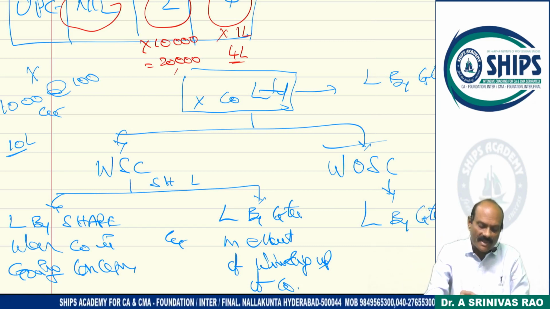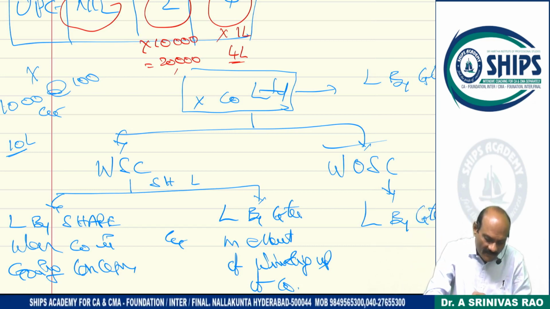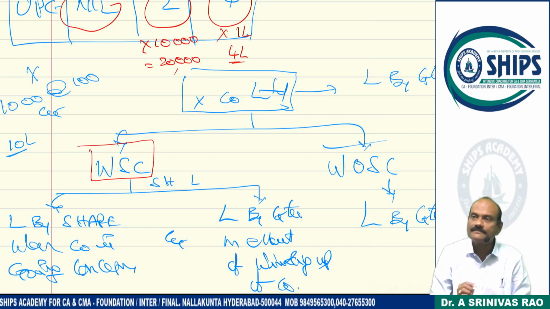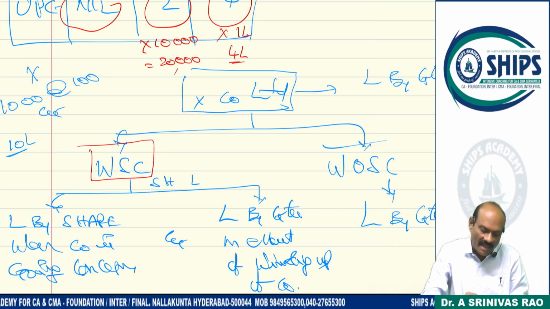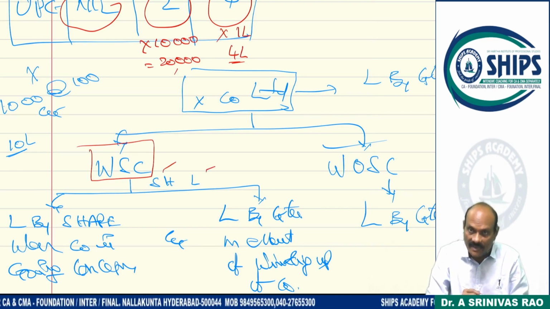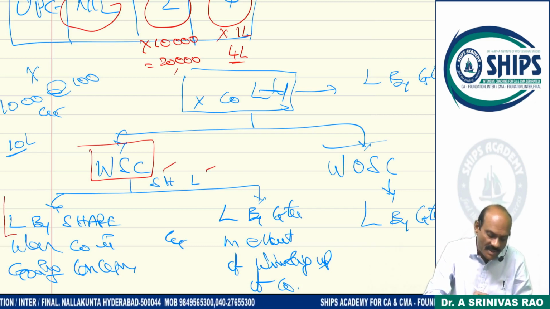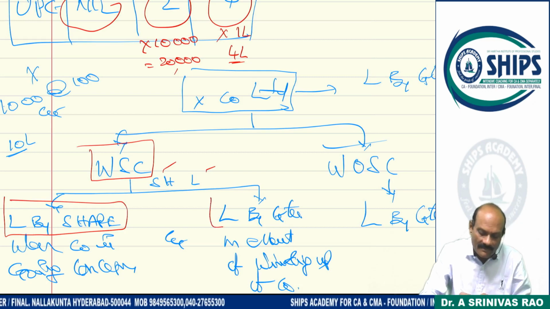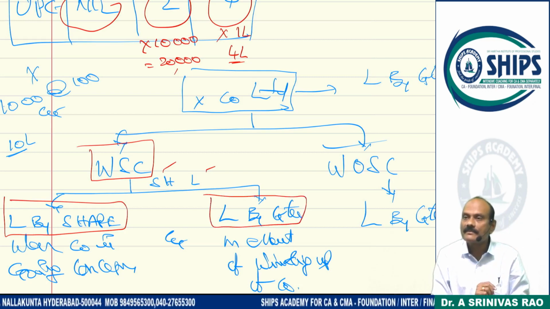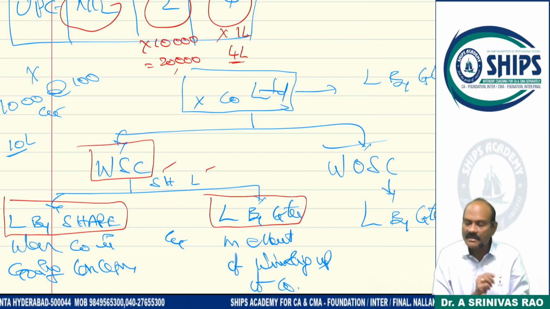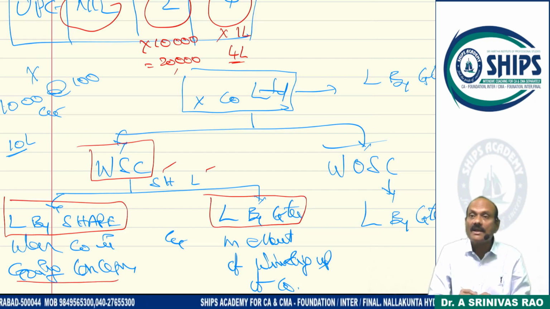That's why, for a company with share capital, the shareholders' liability is in two folds. One is limited by share, the other limited by guarantee. When it is limited by share, when the company is a going concern.